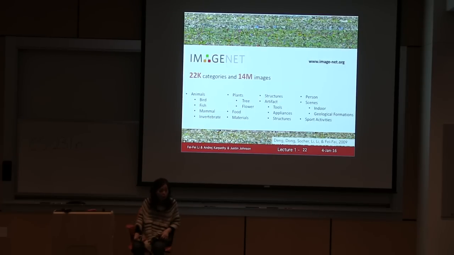Some of you might have heard of ImageNet. In this class, you will be using a tiny portion of ImageNet in some of your assignments. ImageNet is a data set of 15 million images, all cleaned by hand and annotated over 20,000 object classes.